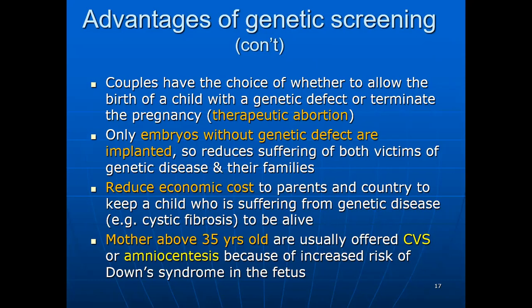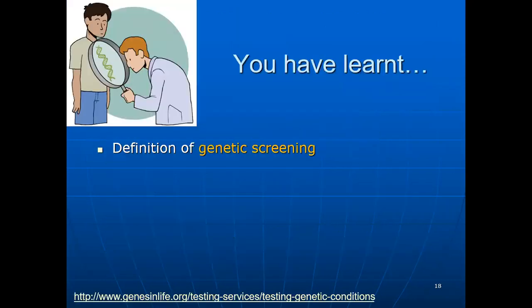So let's recap. You have learned the definition of genetic screening, where you especially use a gene probe to detect the mutant allele that gives rise to genetic disease. Okay, and then 3 targeted groups for genetic screening. Number 1, the carrier, right?